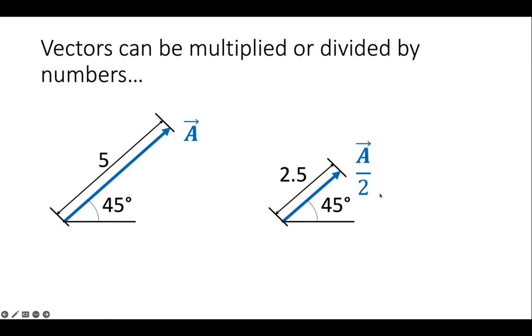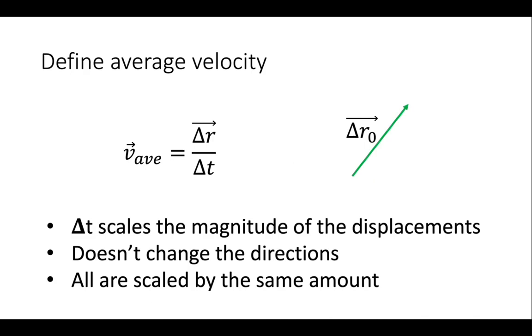So I need this operation that I can do to vectors to connect these displacements to average velocities. And I'll explain to you why that is. We are going to define the average velocity as the vector displacement divided by the time interval over which that displacement occurred. And so the displacement is a vector, and the time interval is just a number.